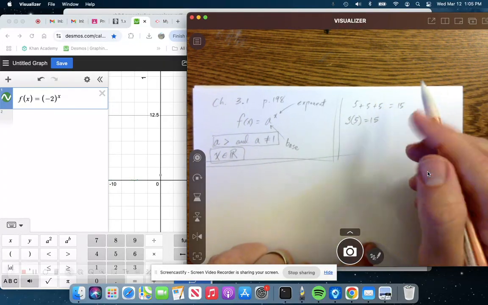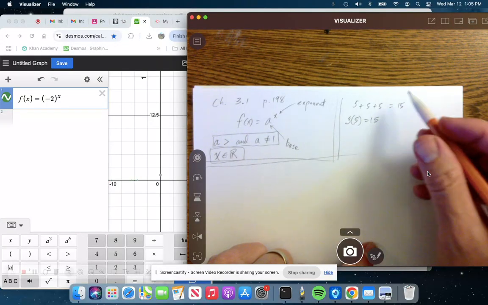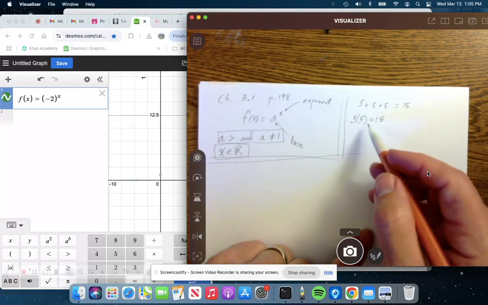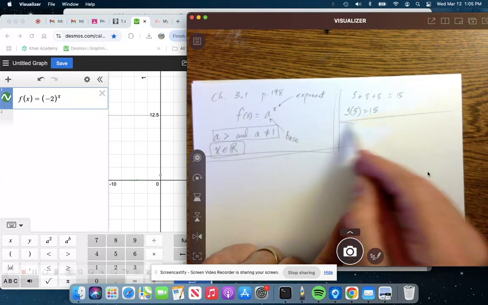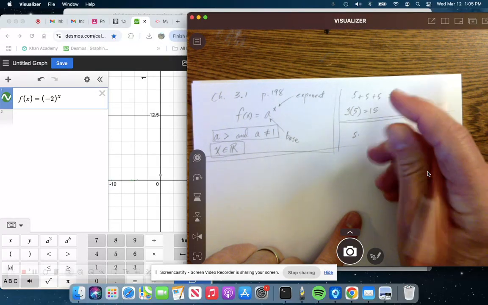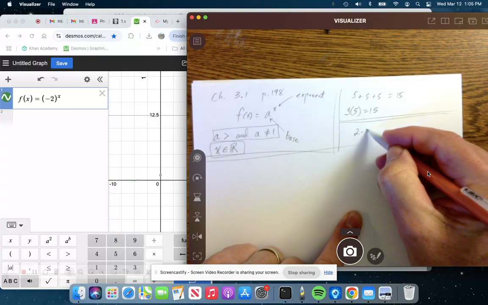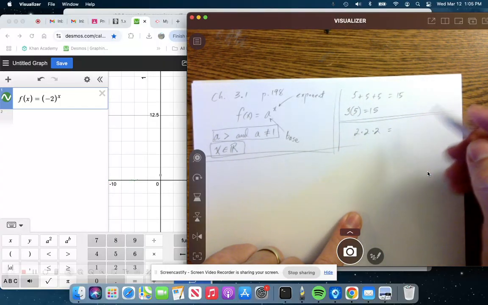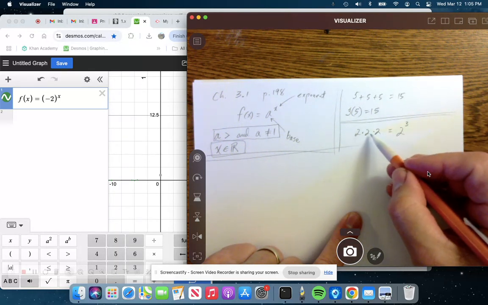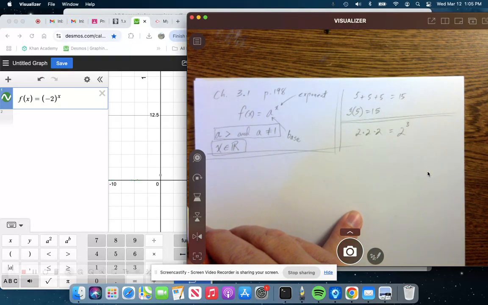So multiplication is a shortcut for repeated addition, repeatedly adding the same thing over and over. Well, exponentials, like, I'll use a smaller number, 2 times 2 times 2, that is 2 to the third power. So the shortcut for repeated multiplication is exponents.